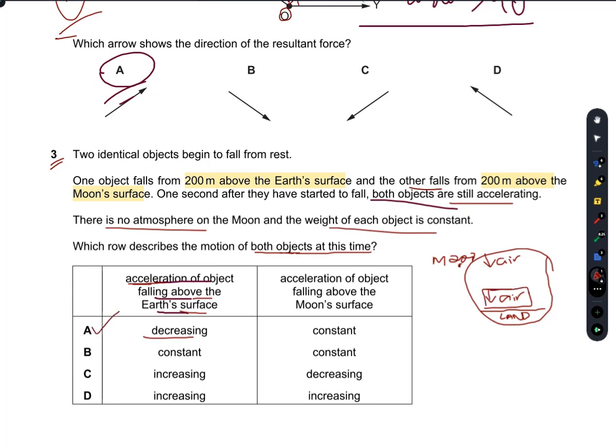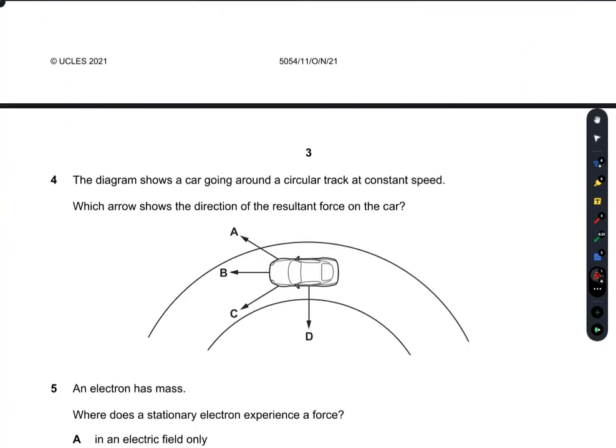So the acceleration of the object falling above the Earth's surface would decrease, whereas there is no atmosphere on the moon. No atmosphere means no air resistance. So the acceleration on the moon is 1.62 meters per second squared, and would be constant. So A is the right answer.